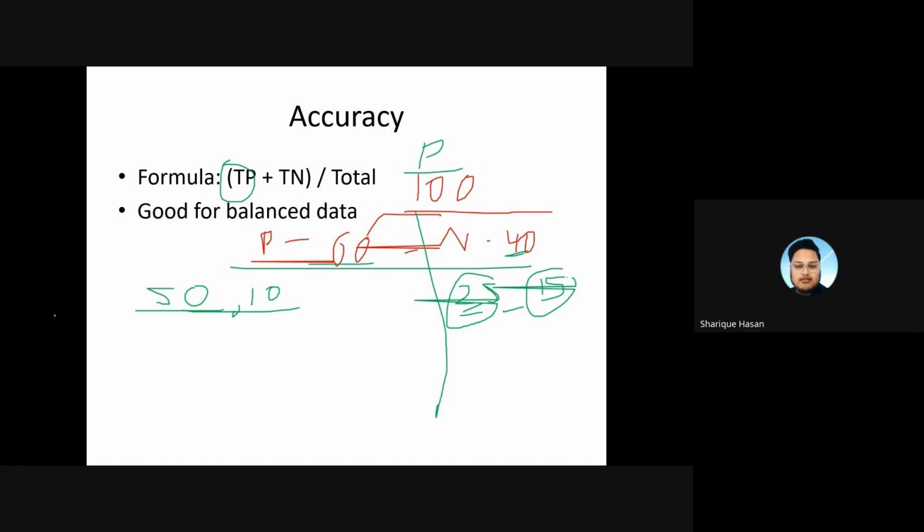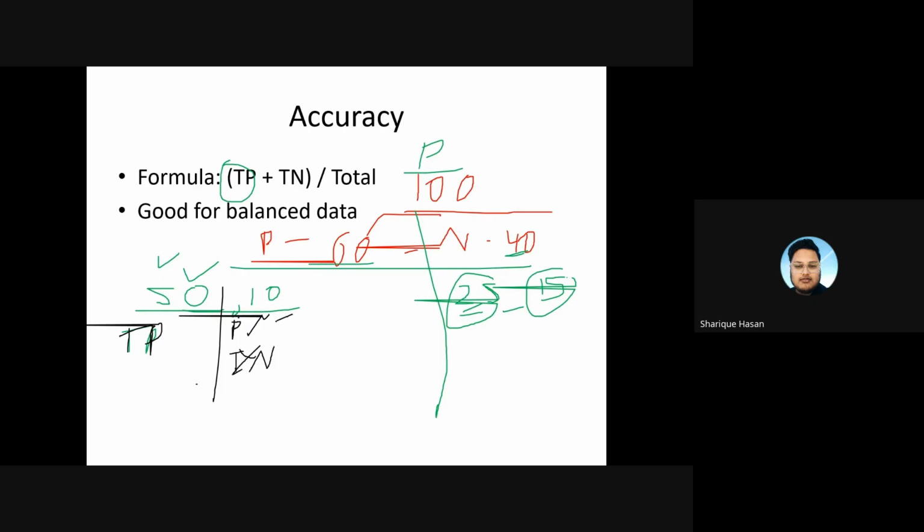What it really means here is, see, these values are predicted positive and actually they are positive, so they are true positive. And here they are predicted positive, but actually they are negative. So they are false positive.